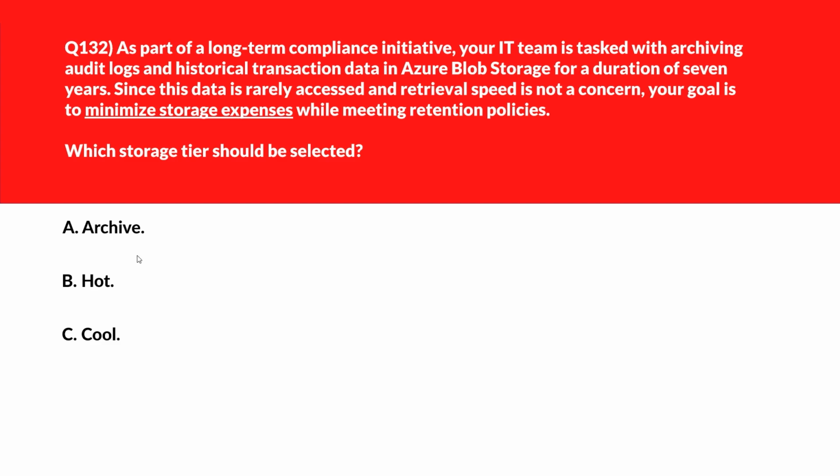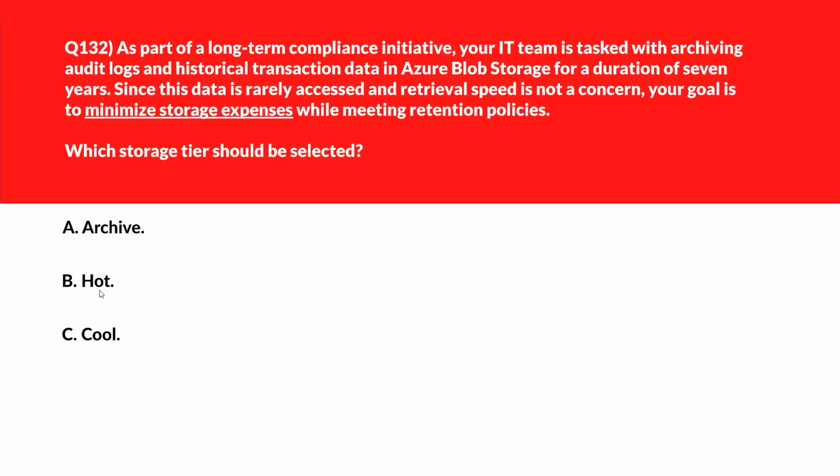B says hot. Hot tier incurs higher storage cost and is suitable for workloads where frequent access to the data is required. If you read the question, it's clearly mentioned retrieval speed is not a concern. So hot is not required because, as mentioned, it's used when frequent data access is required. So B is out.